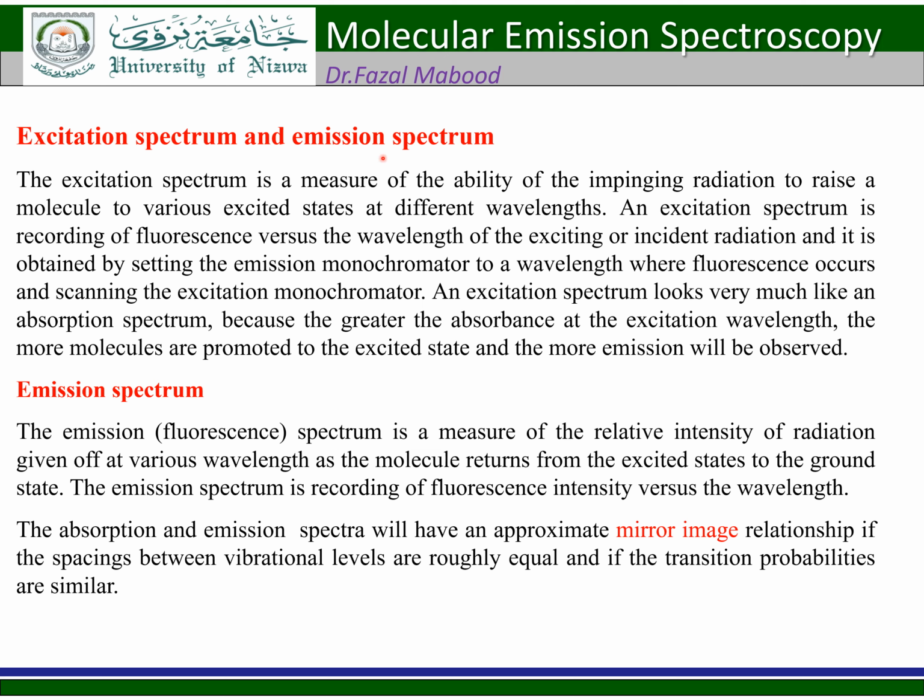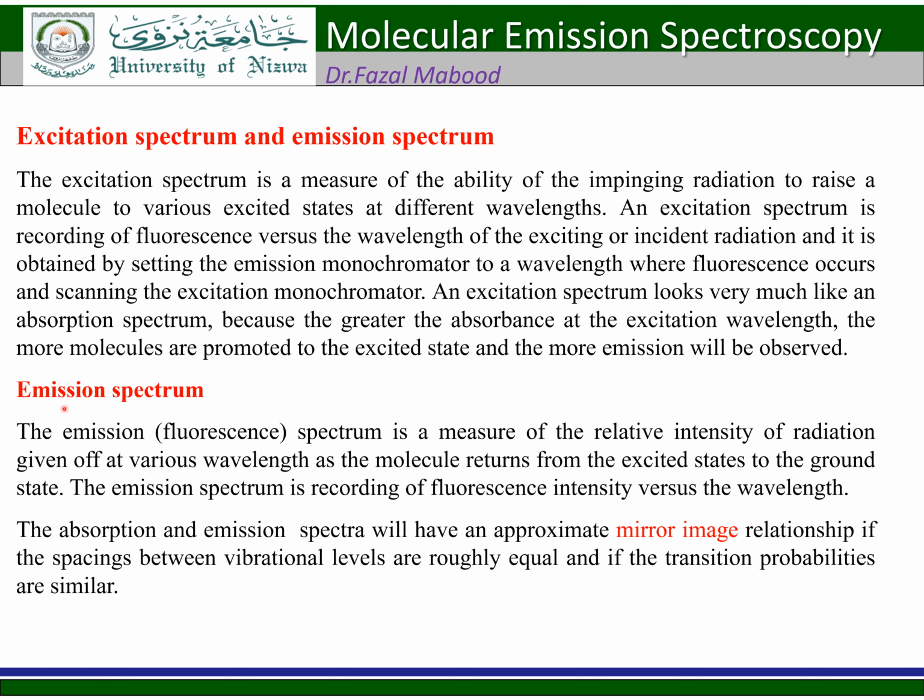Excitation spectrum and emission spectrum. Excitation spectrum is a measure of the ability of radiation to raise a molecule to various excited states at different wavelengths. So an excitation spectrum is a recording of absorption versus the wavelength of the excitation.